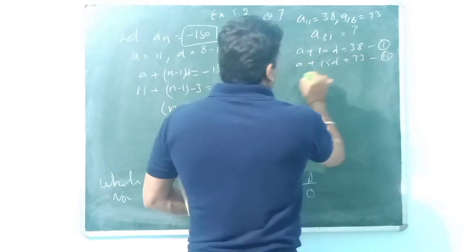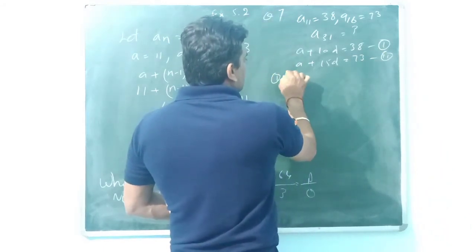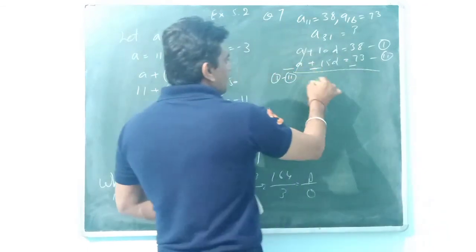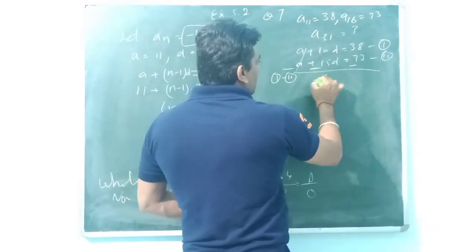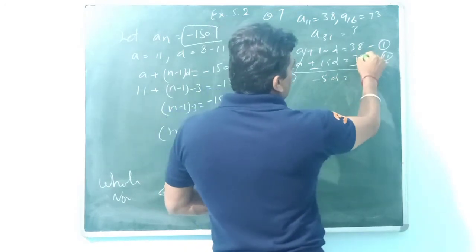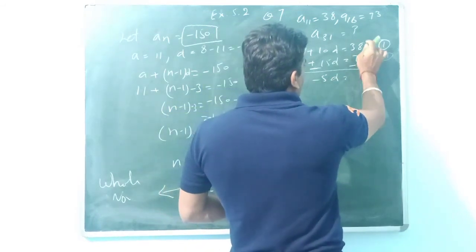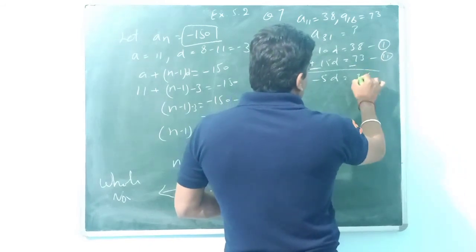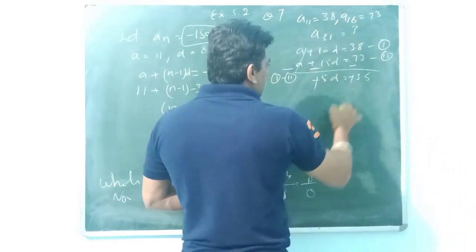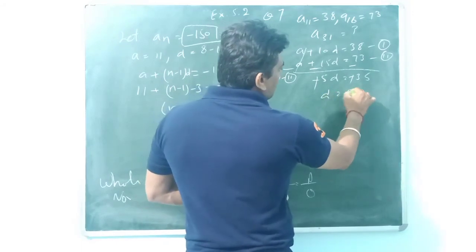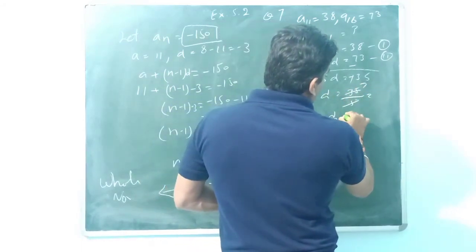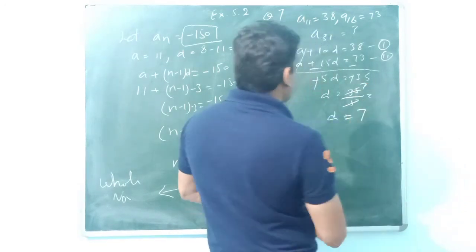This is second. First minus second: minus minus minus, cancel out, minus 5d equals 38 minus 73, which is minus 35. So d is equal to 35 by 5, which is 7.